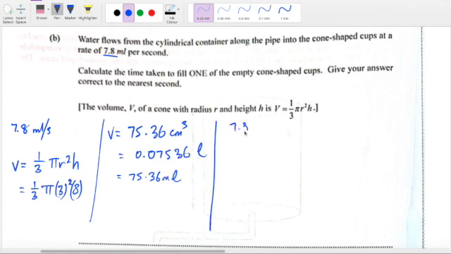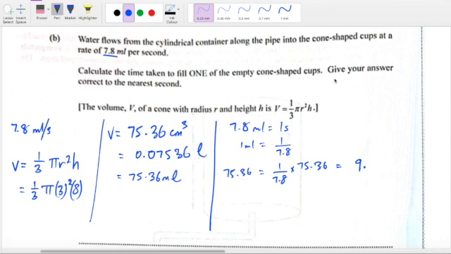If 7.8 milliliters will fill in 1 second, and 1 milliliter will fill in 1 over 7.8 seconds, then 75.36 milliliters will be 1 over 7.8 multiplied by 75.36, which works out to be about 9 point, and what did they say?